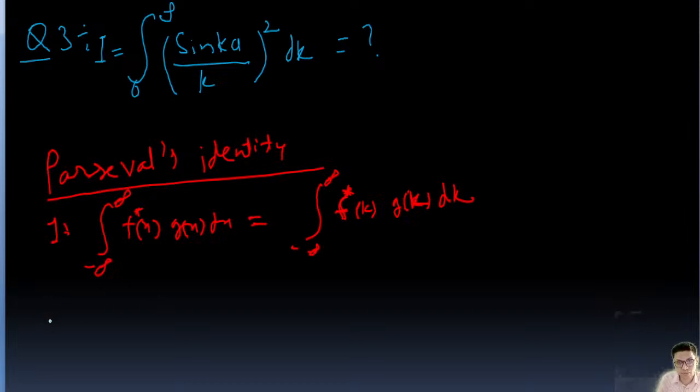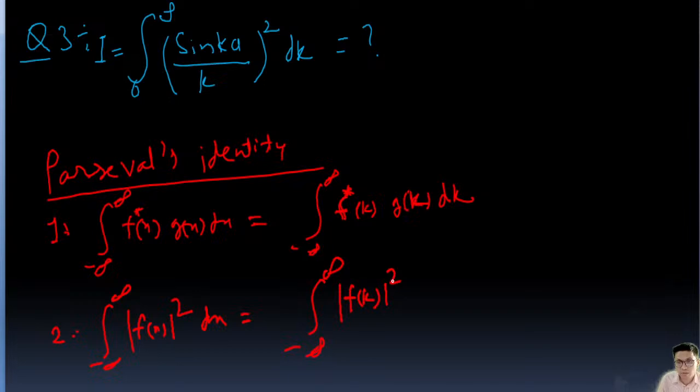The second identity is the integration from minus infinity to plus infinity of mod square of f(x) dx. This is a very important identity. This value is going to be the integration from minus infinity to plus infinity of mod square of f(k) dk.